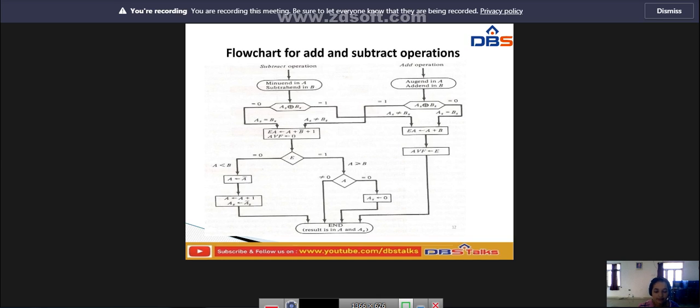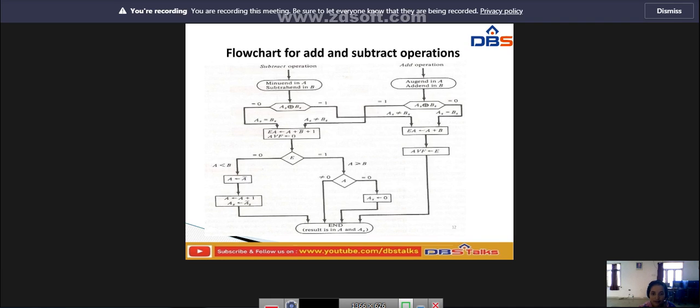If the exclusive OR output is 0, the signs are identical, that is AS is equal to BS. If the sign is 1, they are not equal.